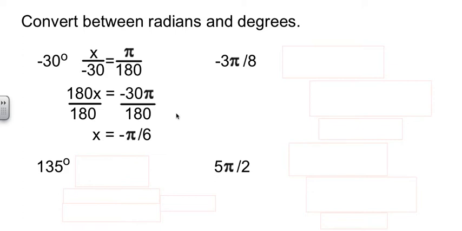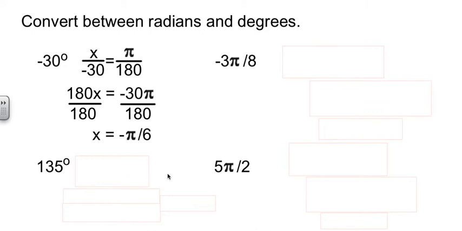Either way. And again, remember, leave your pi in the answer. Just leave it in terms of pi. Don't give me 0.568 or whatever that decimal turns out to be. It's almost certainly not 0.568. I just picked a random number.